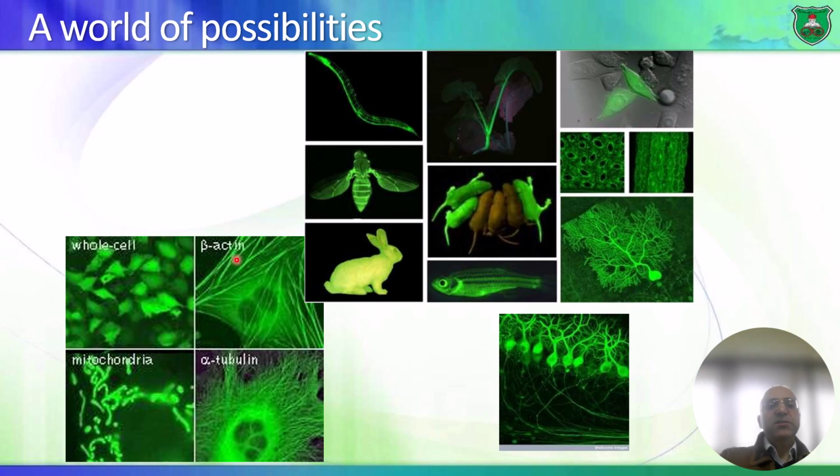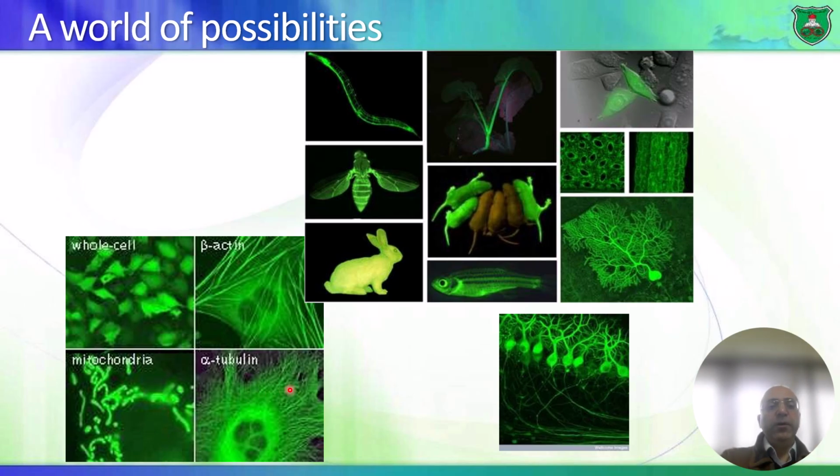This is the actin protein with the green fluorescent protein. So you can see the actin filaments fluorescing. Here we have a mitochondrial protein tagged with the green fluorescent protein. So the green fluorescent protein is part of the mitochondrial protein, so the whole mitochondria can fluoresce.